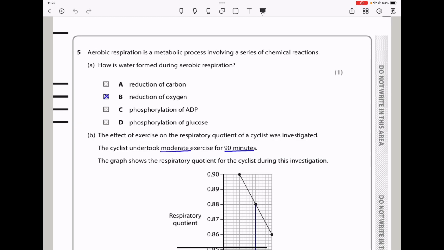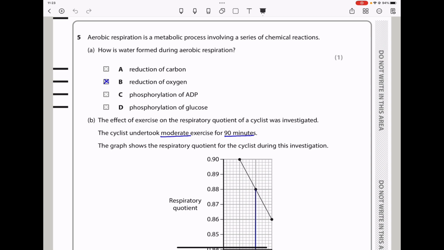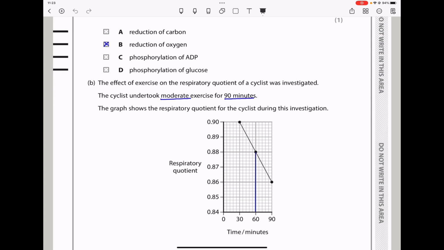Question 5. Aerobic respiration is a metabolic process involving a series of chemical reactions. How is water formed during aerobic respiration? Water is formed when oxygen receives a hydrogen ion. So that means the oxygen is being reduced. So water is formed during reduction of oxygen. In part B, the effect of exercise on the respiratory quotient of a cyclist was investigated.